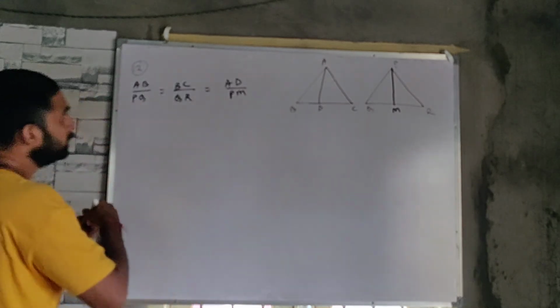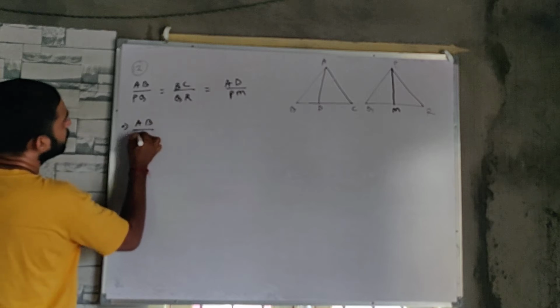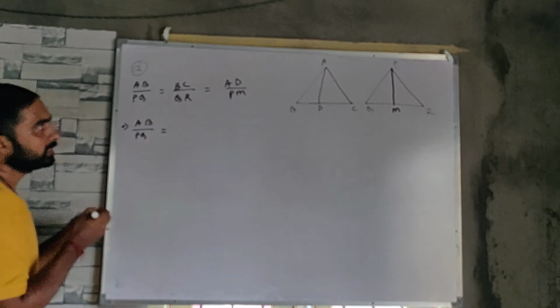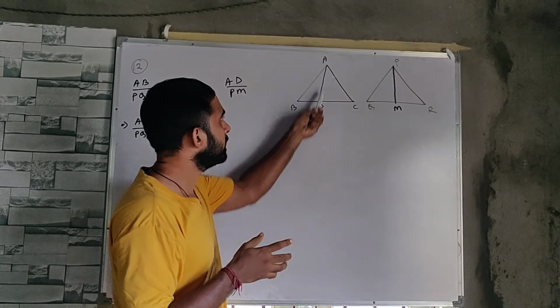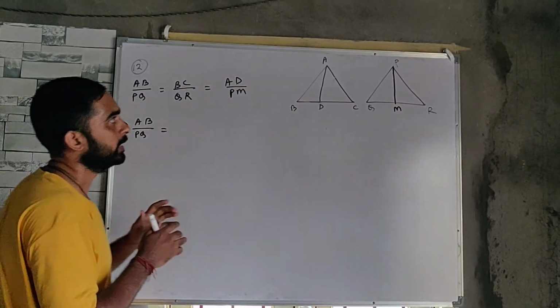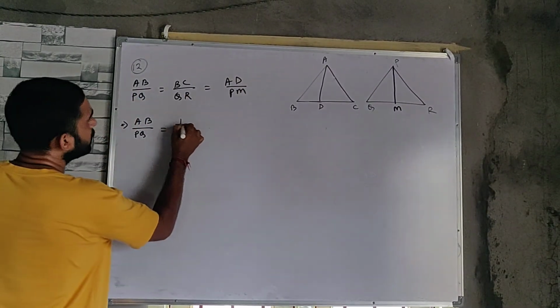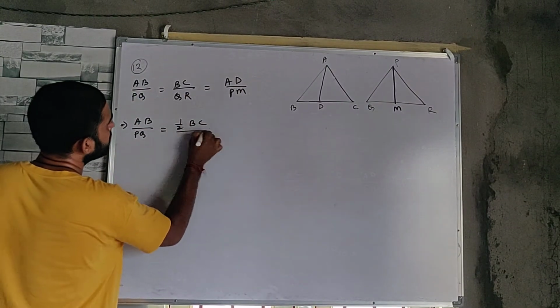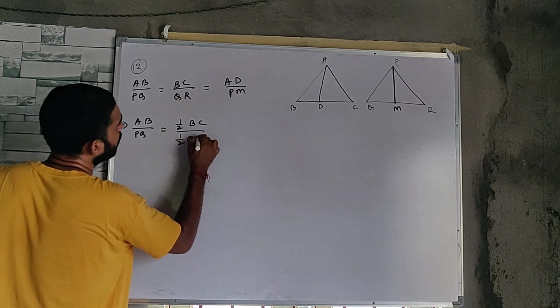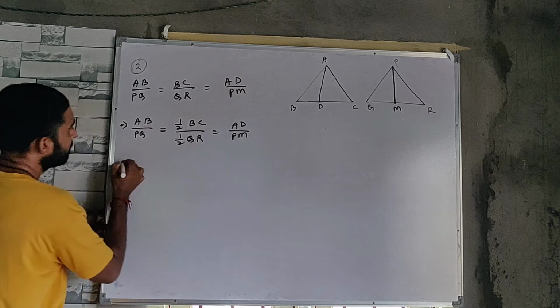Now see, these are given. AB by PQ equals... Now see what is given: AD is the median, which means D is the midpoint of BC. Similarly, PM is the median, which means M is the midpoint of QR. Midpoint is half, so half BC by half QR equals AD by PM.